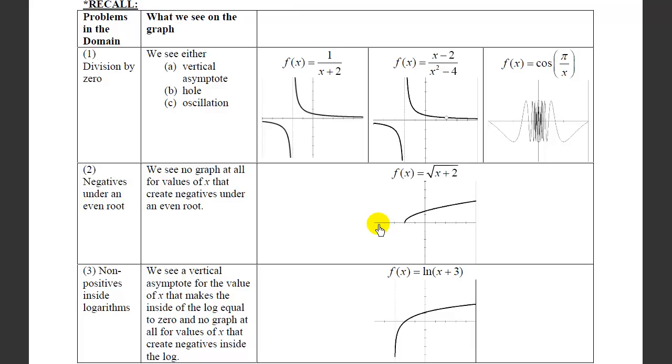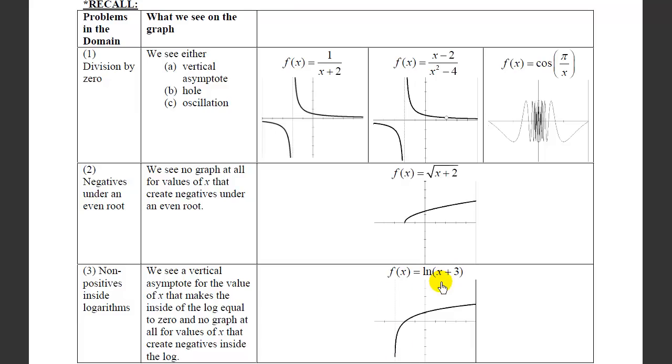So if your job is to look for vertical asymptotes, you're not going to worry about the roots. You're going to look for division by 0, and you're going to look for logs. Because what happens with the logs, since they're undefined if you put a non-positive inside, it means that the closer and closer you get to a 0 on the inside of that log, the more of a problem you're going to have, and you'll see that problem manifested as an asymptote.